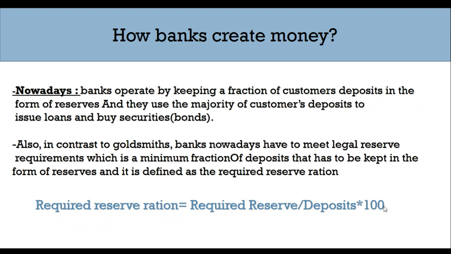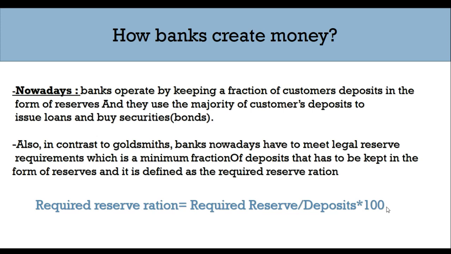Now moving to nowadays. Nowadays, banks operate by keeping a fraction of customers' deposits in the form of reserves. So banks should always keep a fraction, or a part, of the customers' deposits aside. They cannot give loans from it or anything.